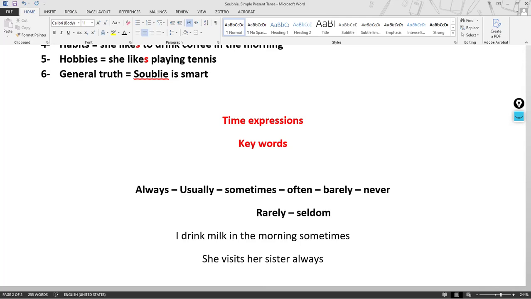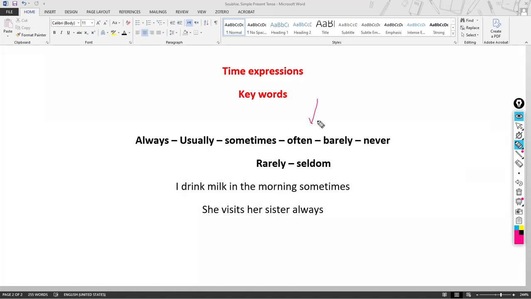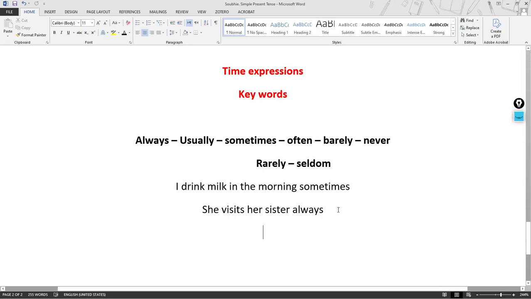Be careful, Subhi, because you are not free to use the place that you want. For example, I heard some students saying, always I brush my teeth in the morning. It is like we translate from Arabic to English.